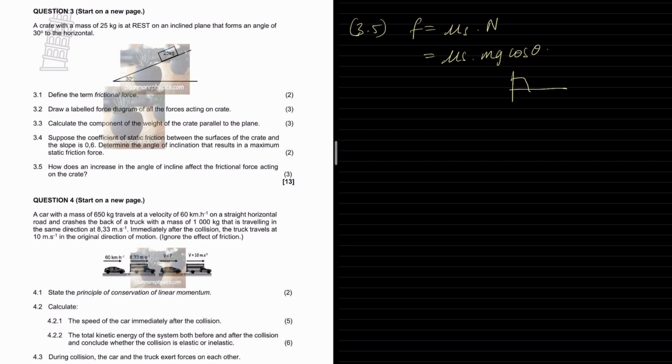So cos theta graph starts at 1 and decreases to 0 at 90 degrees. So as theta increases, cos theta decreases. That means mg cos theta will decrease. That means F of friction will decrease. So if you increase the angle, friction decreases.